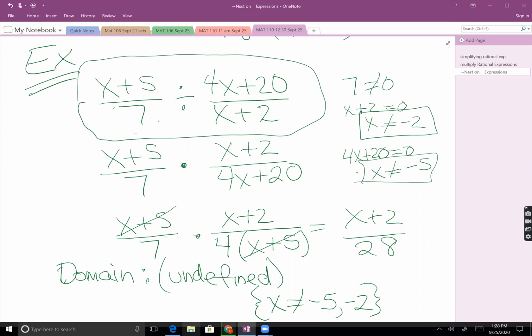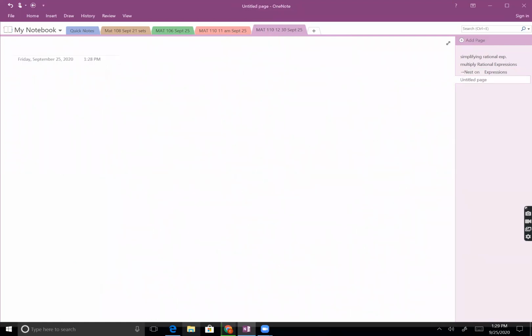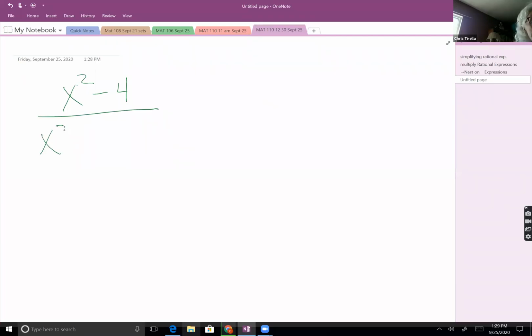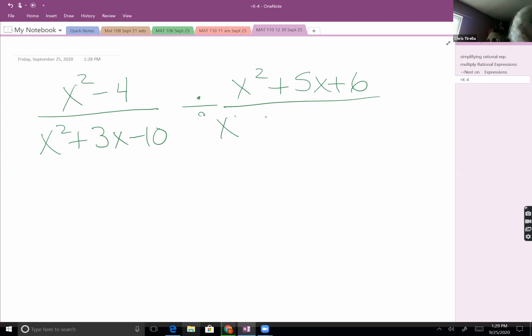All right, thank you. So let's look at a couple more. Let's look at x squared minus 4 over x squared plus 3x minus 10 divided by x squared plus 5x plus 6 over x squared plus 8x plus 15.